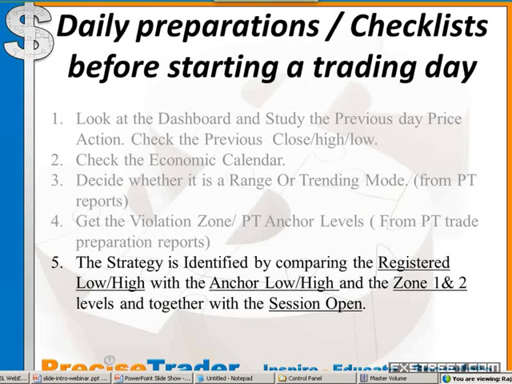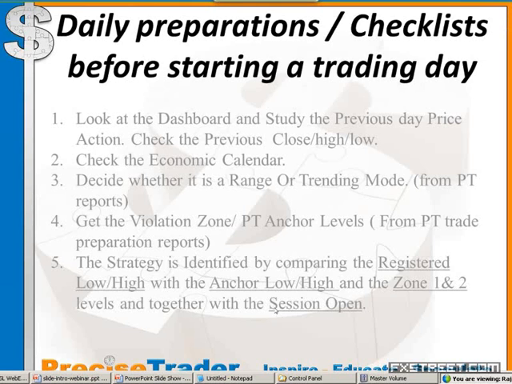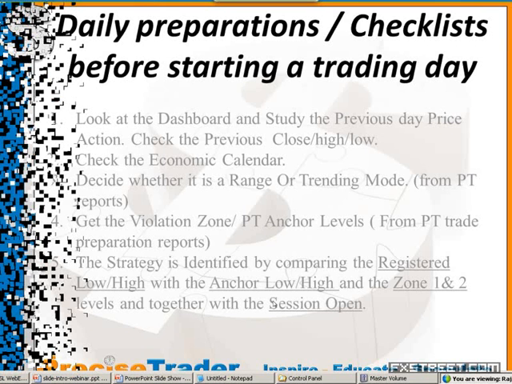The strategy is identified by comparing the registered low-high with the anchor low-high and the zone 1 and 2 levels, together with the session open. Remember, the session open plays a key role. This is what we use as a benchmark to decide whether we want to be a buyer or seller.